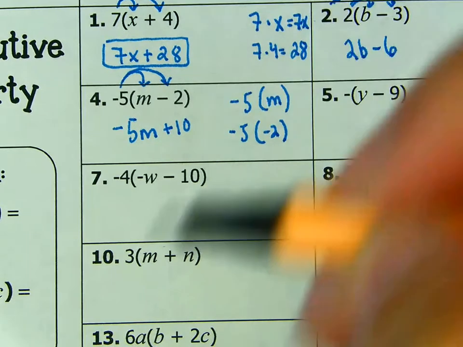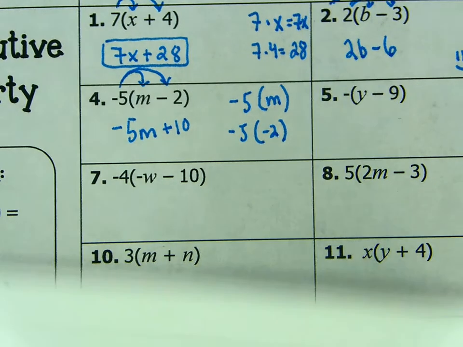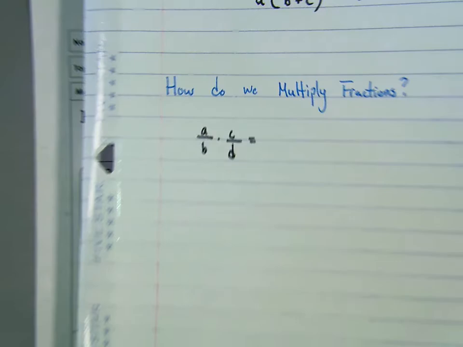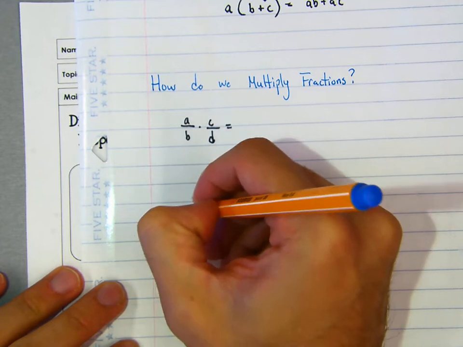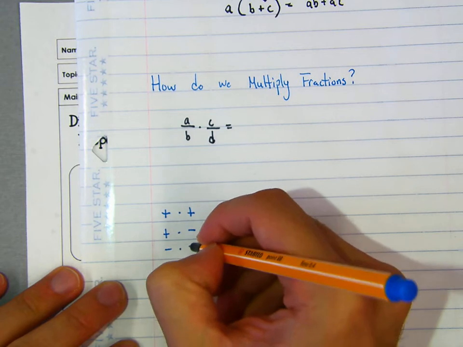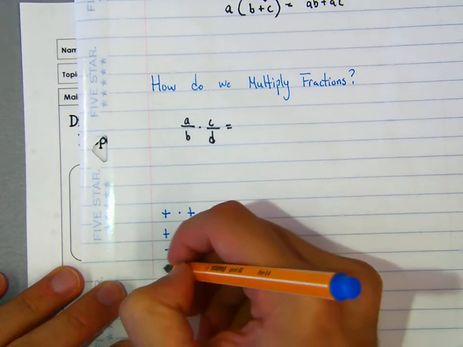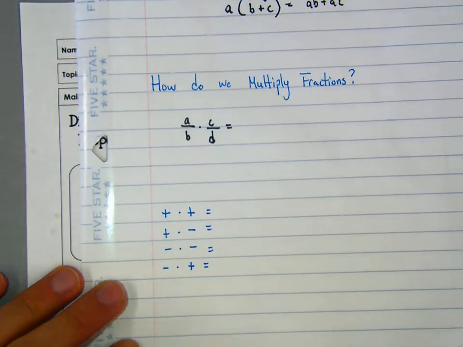And if you want, maybe you could take a second and write in your notes very quickly just what happens if I have a positive times a positive, positive times a negative, negative times a negative, negative times a positive, right? What should these answers be?